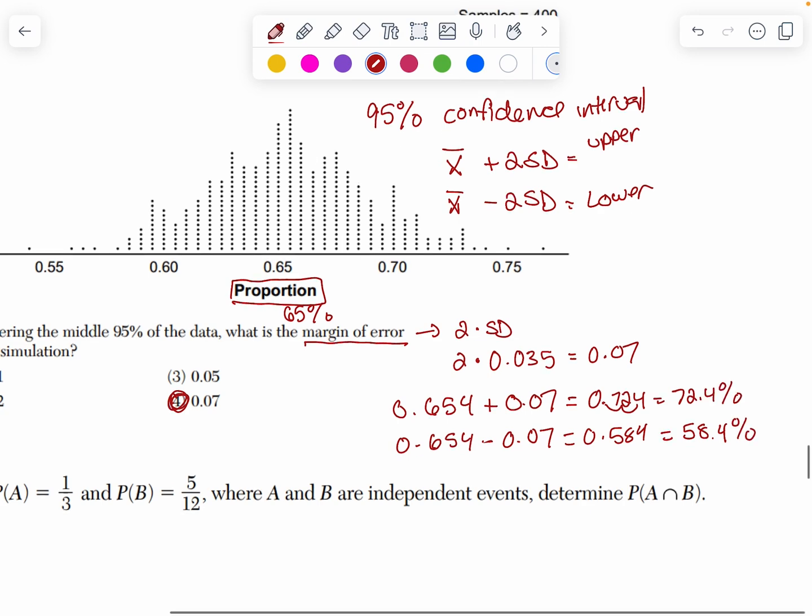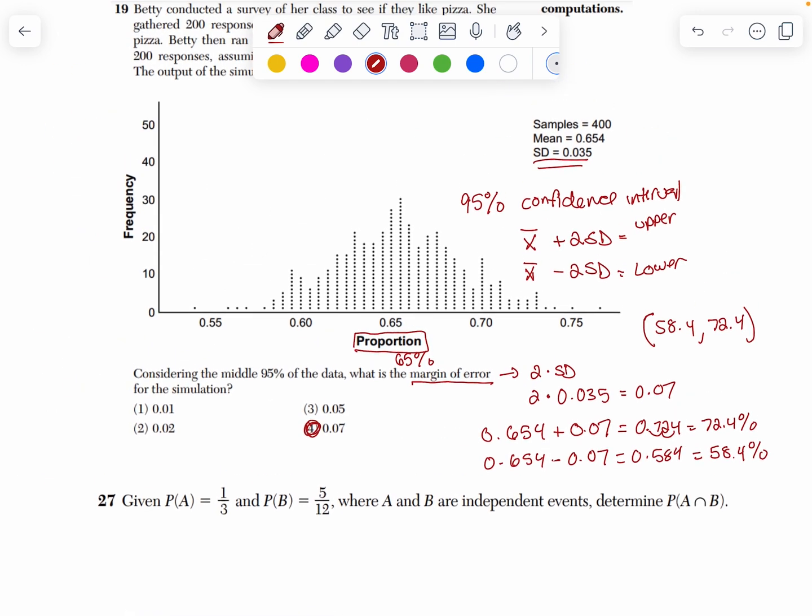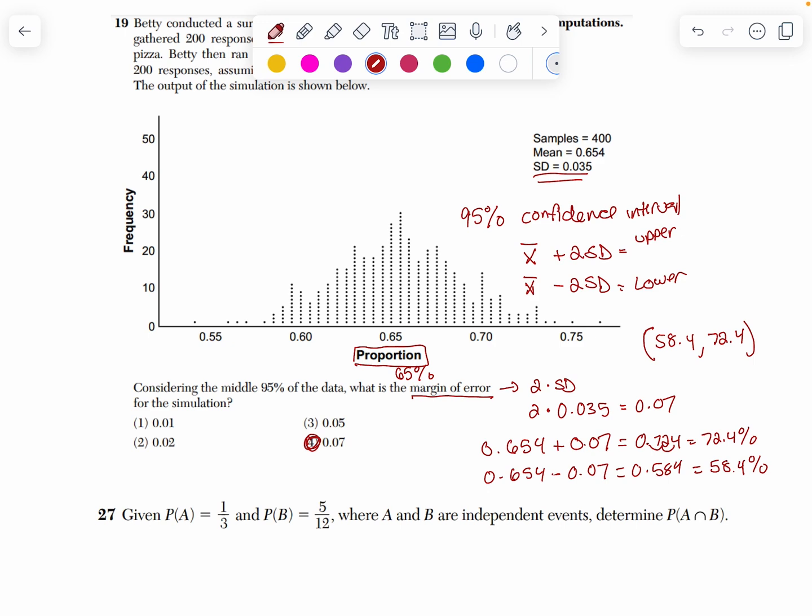Okay, so my confidence interval is between 58.4 and 72.4, and anything found in that interval is a typical value. It is verifying the conclusion that we made, and that's all using the margin of error, the amount of error we are allowing when collecting our information.